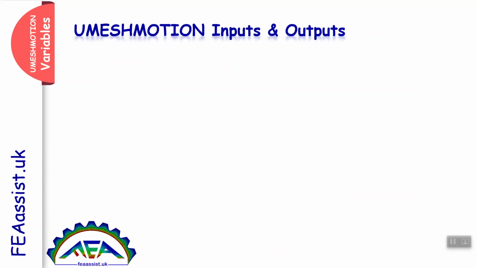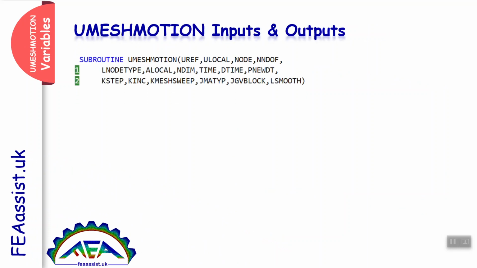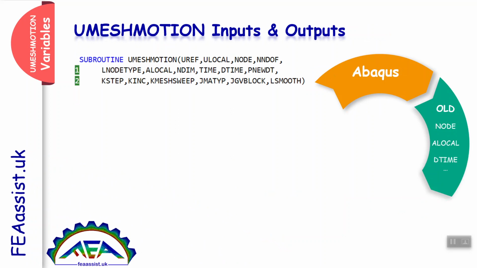UMESHMOTION variables. UMESHMOTION has some variables. Some of them are inputs. We need to get those inputs, process them, and export the results as outputs into Abaqus. In other words, Abaqus computes node positions, time, and other variables.